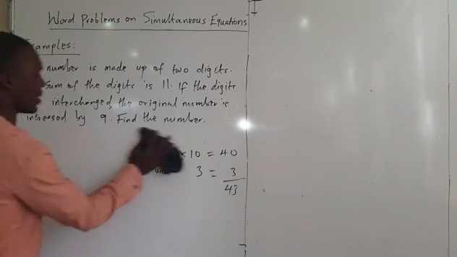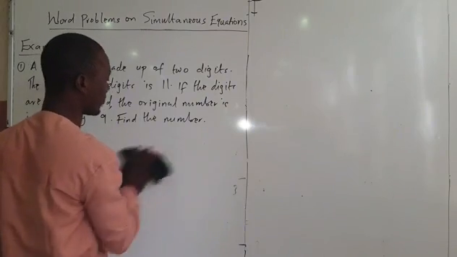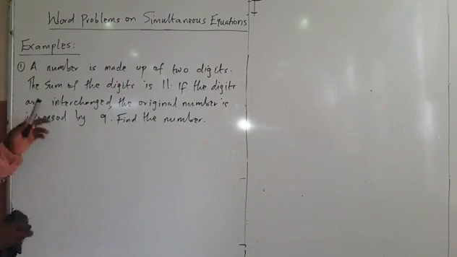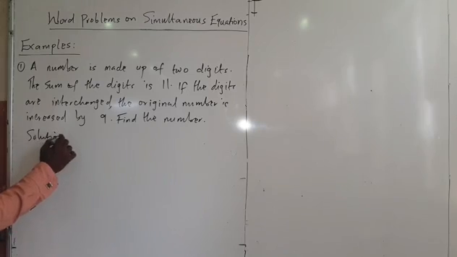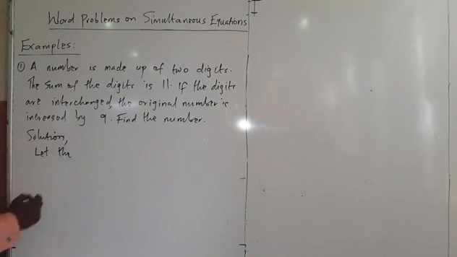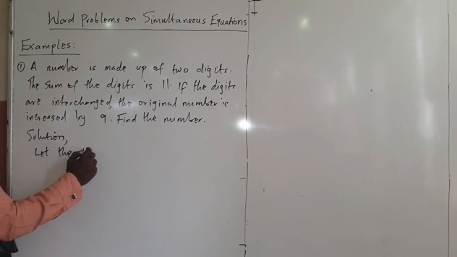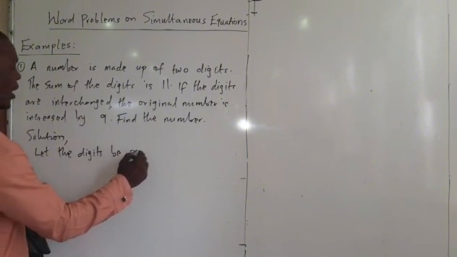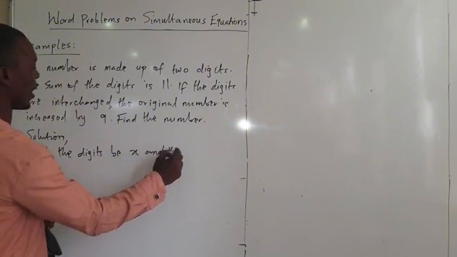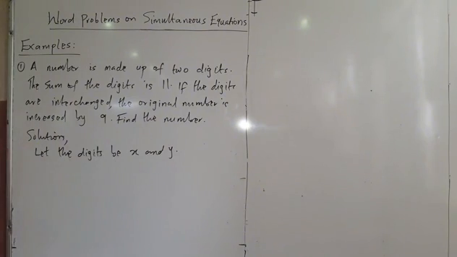So now we are going to represent it. A number is made up of two digits. So, solution now. Let the digits be x and y. So these are the two digits.